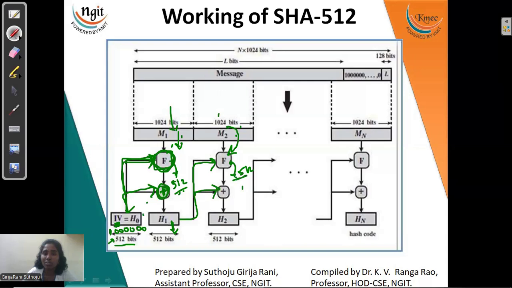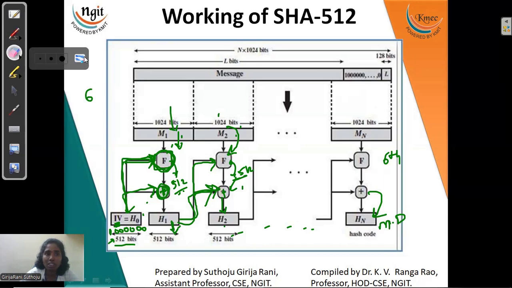This 512 bits of data, you perform XOR with the output of the message 1 block, that is H1, you will be getting H2. So this is a repeated process till N. So if I have 6 blocks of data, after the 6th block, I will be getting the final hash code that is called the message digest of SHA-512.